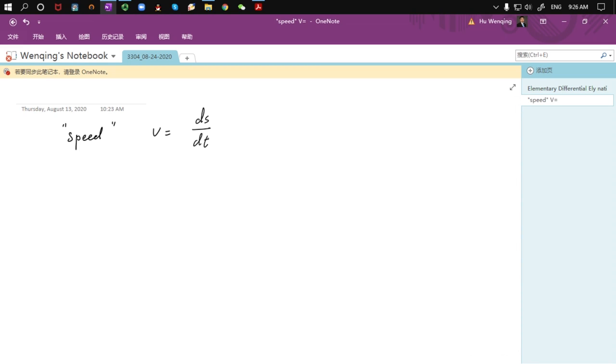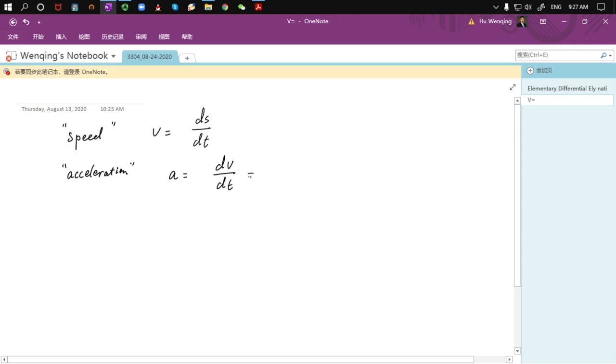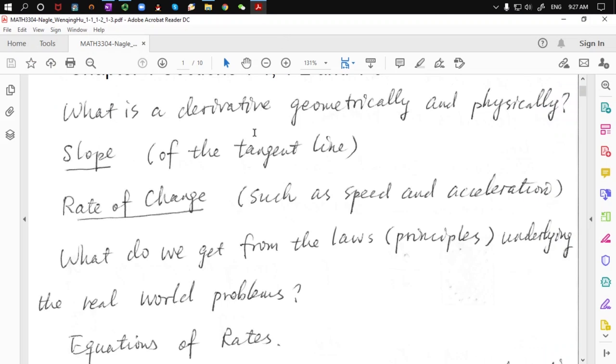The acceleration is the quantity a, which is dv/dt, the rate of change in time of the speed, and which can be written as d²s/dt². So that's the acceleration. The speed, the acceleration, that's all about this rate of change.